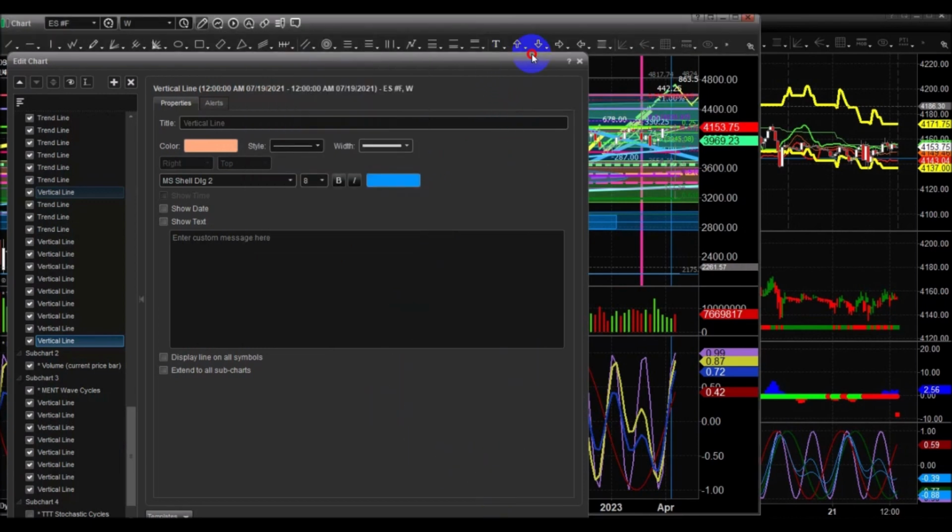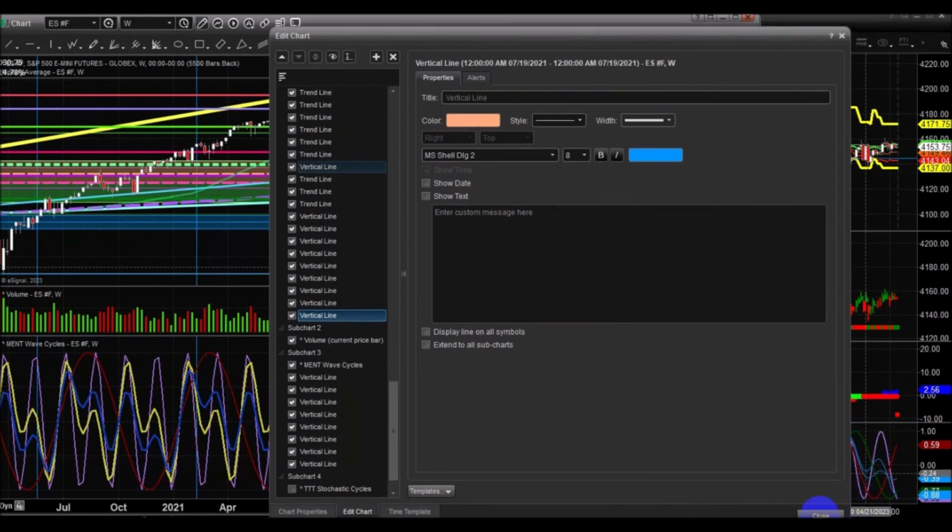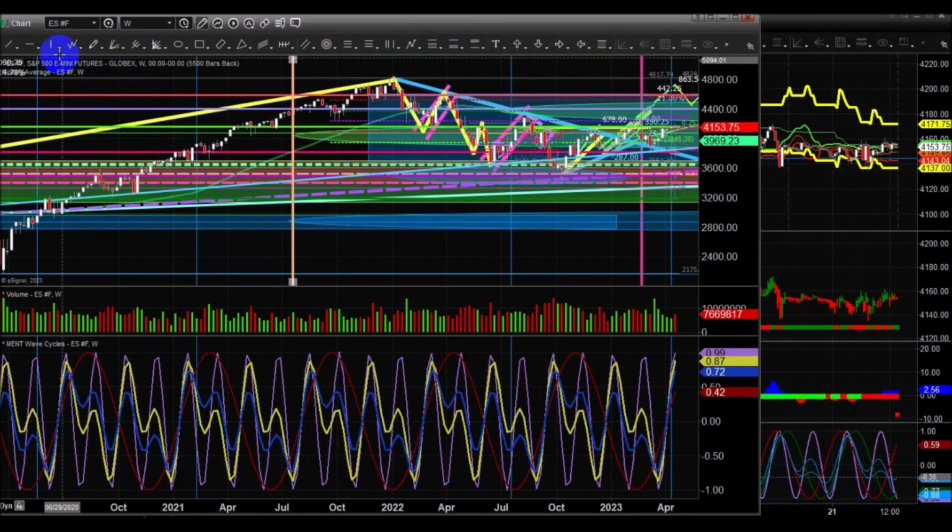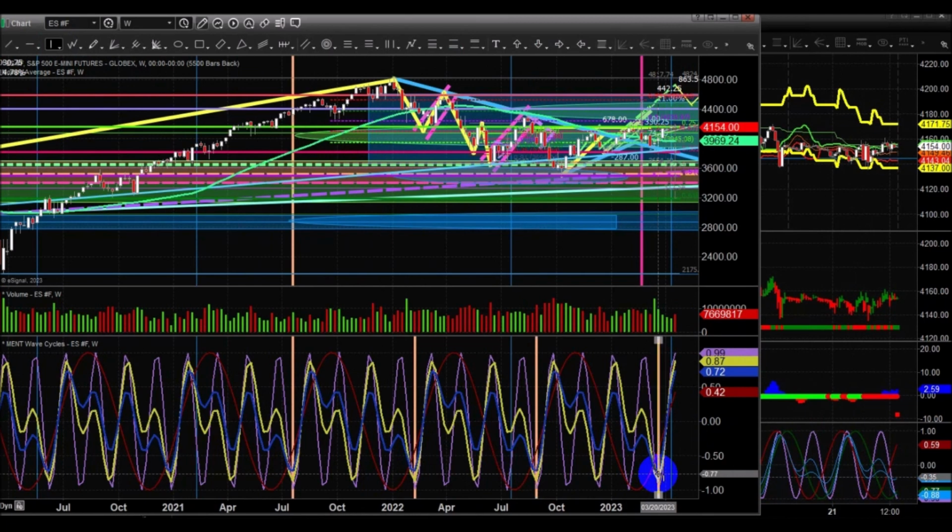And of course it's covered by that, so I'm going to set here as default, and we will mark this here, and we had another one here. Let's just mark them periodically, and another one here, and another one here, and potentially another one here, and potentially another one here.